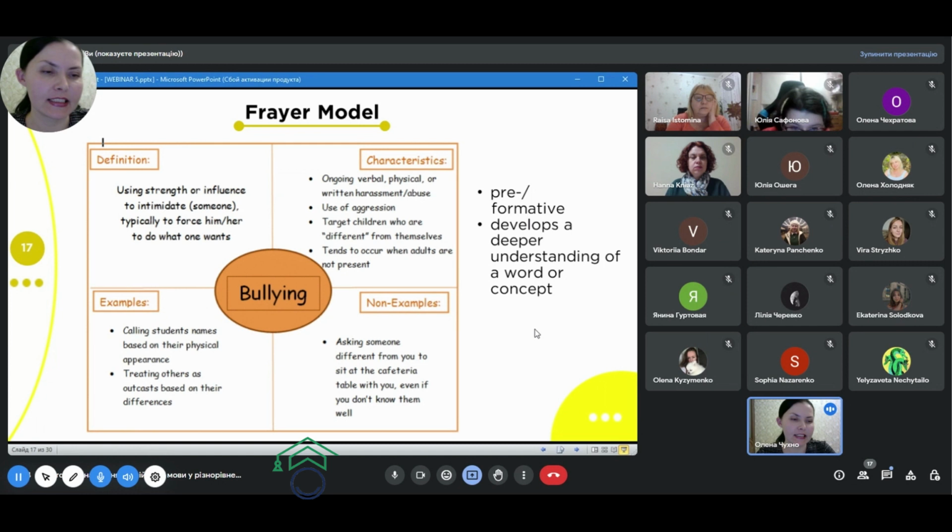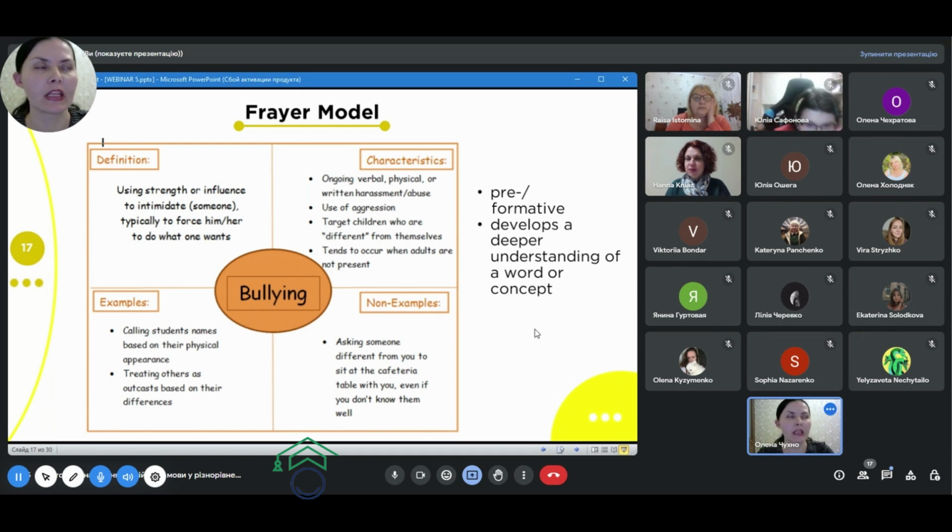So after reading a text about bullying, they formulate their own definition of bullying and they write it down. They enumerate the characteristics of this concept. They provide some examples and non-examples. So what are non-examples?